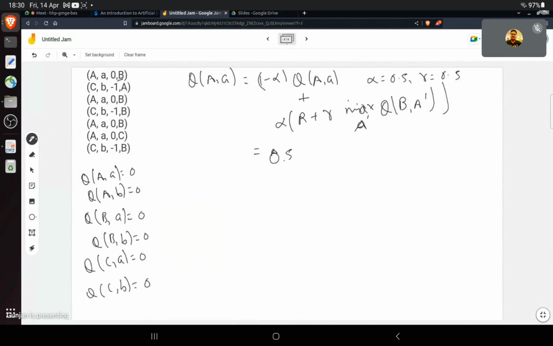0.5 times Q(a, a), so that Q(a, a) is 0, right? Plus 0.5 times the reward is 0, gamma is 0.5, and max Q(b) is 0, right? So this will be 0, 0, 0, so everything is 0, so Q(a, a) will be 0, right?